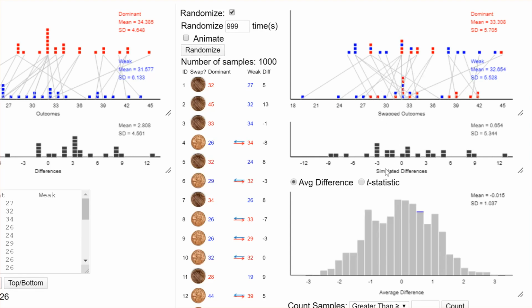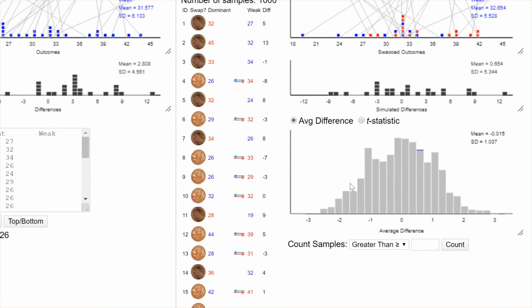So we did 1,000 simulations, plotted all the sample mean differences on this plot. This plot is a good guess on what our null distribution is. The center of this null distribution is almost 0. The center of this null distribution should be the parameter according to the null hypothesis.